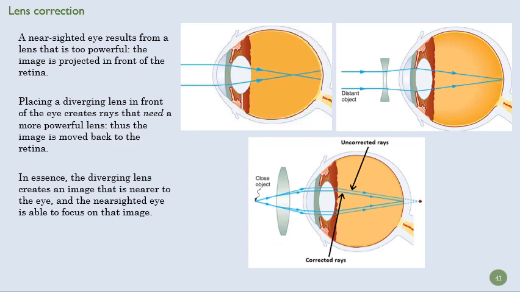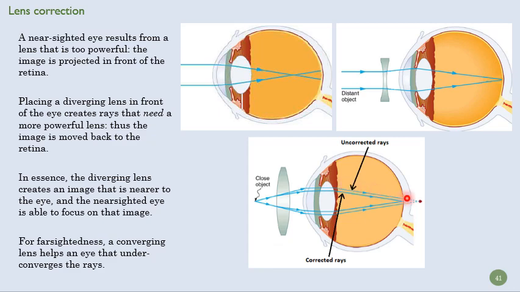For farsightedness, we use a converging lens. Farsightedness is when we can see far but have trouble seeing near, because our lens is not powerful enough. And so the converging lens helps to converge those rays. If this close object is here, it requires a powerful lens, but our uncorrected rays end up focusing back here.